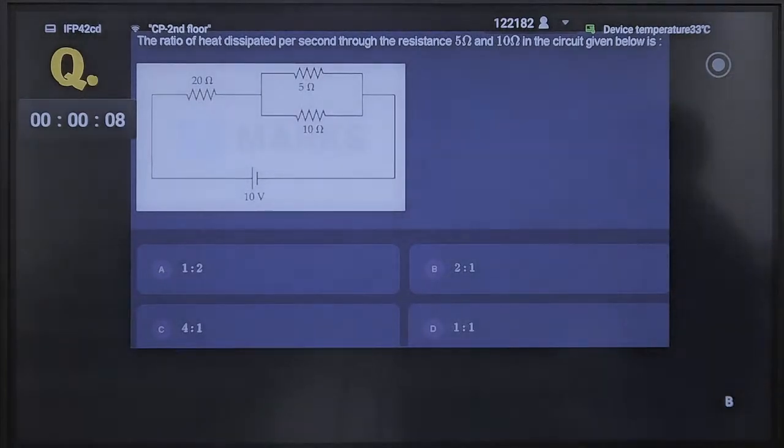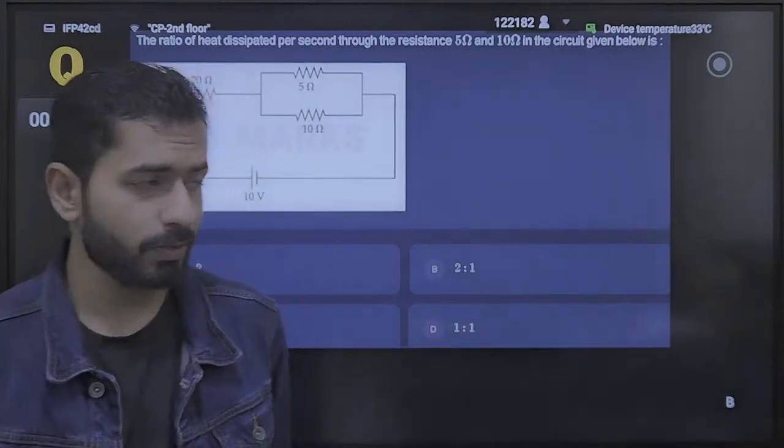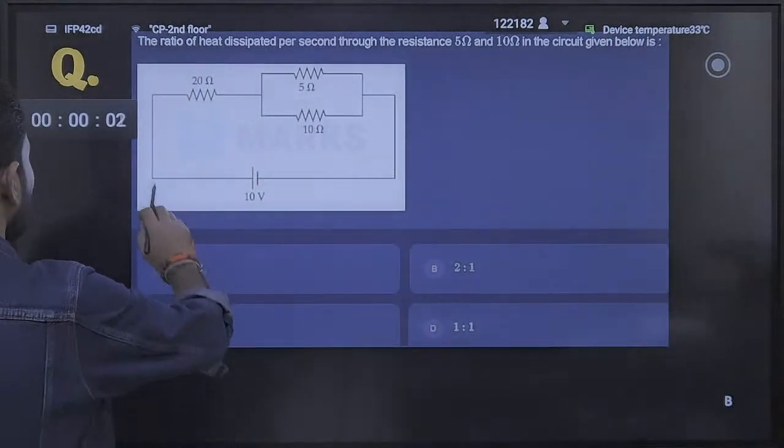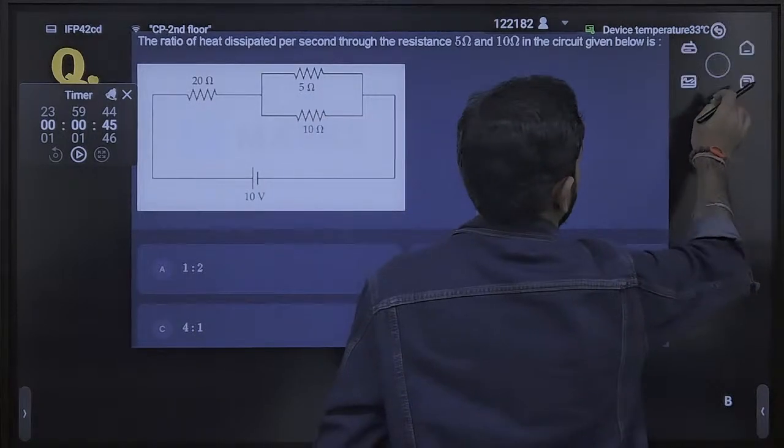Very easy question. Just calculate how much current. We will learn how to calculate the current in the branches also in this question. See how. The answer is very simple, but we should understand what the concepts are also.